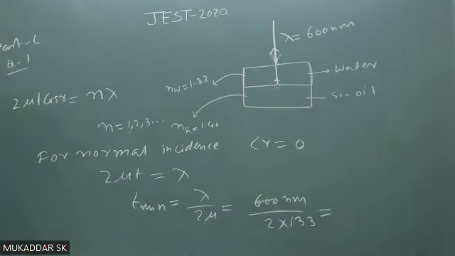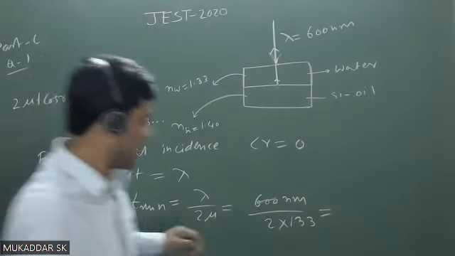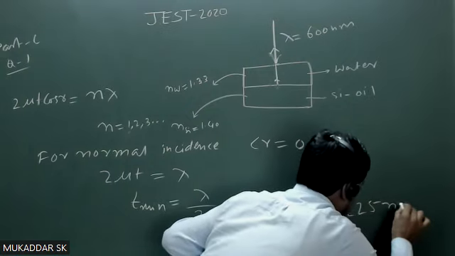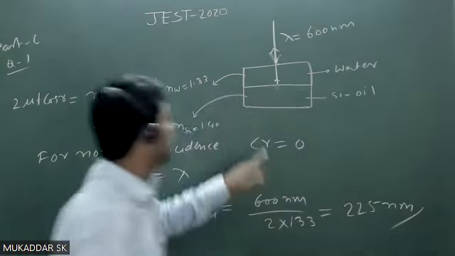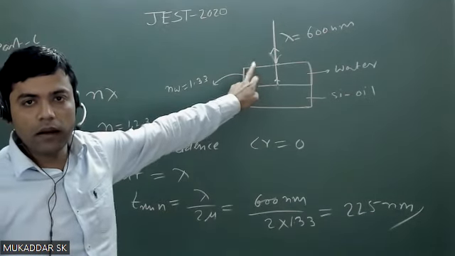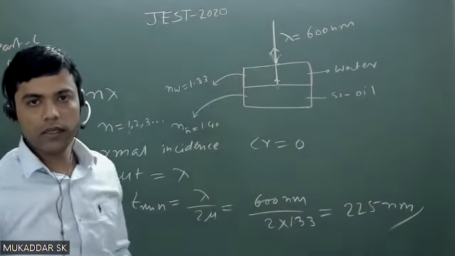So 600 divided by 2 into 1.33, if you calculate, you will get 225 nanometer. So this will be the minimum thickness of the water thin film to get red color. Okay, thank you.